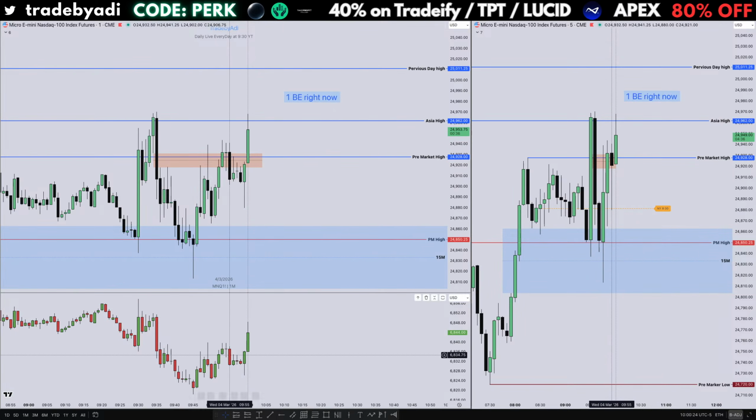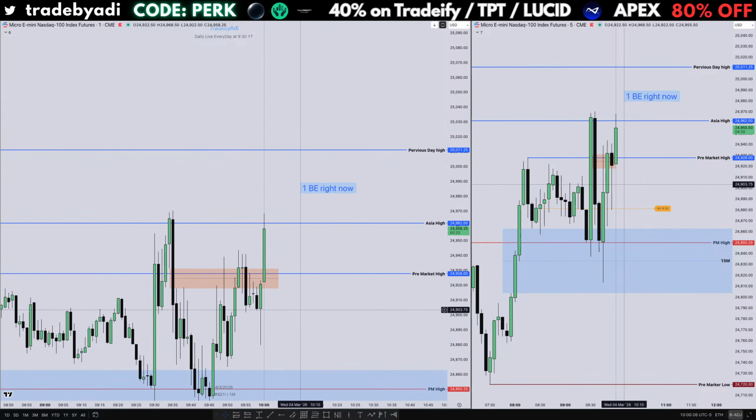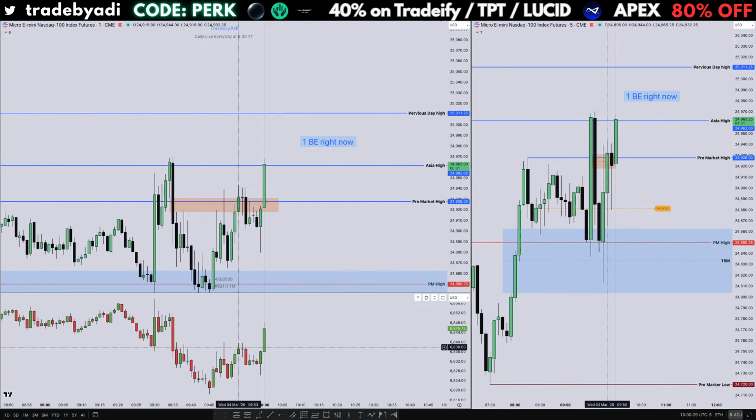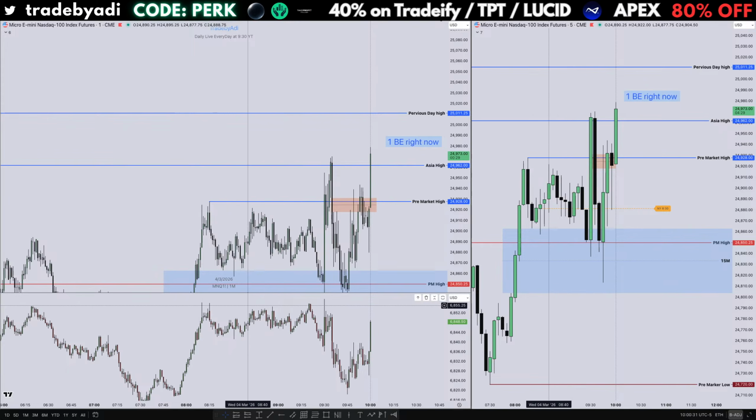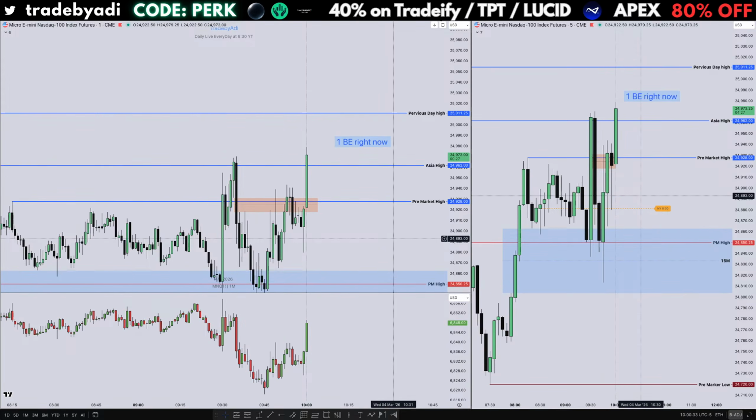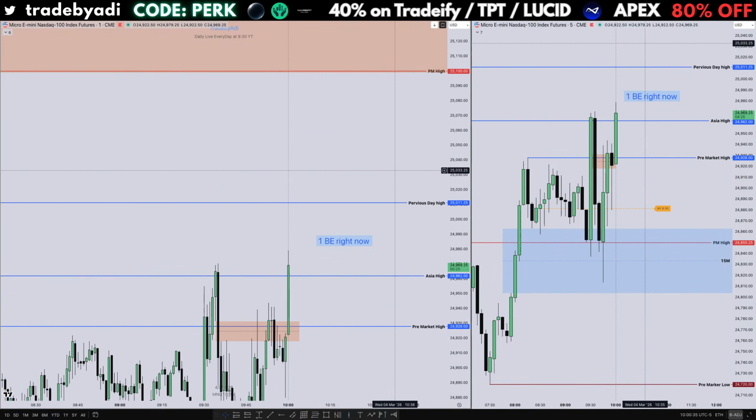ES is also getting bullish, and we have equal highs on ES. I think it's going to go for this previous day high and the PM session high only.